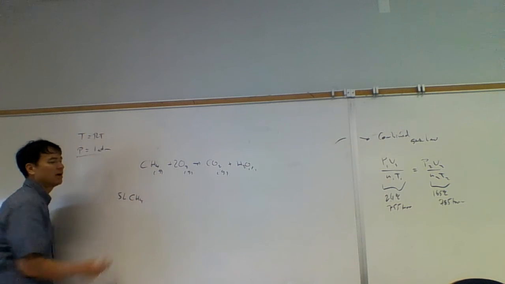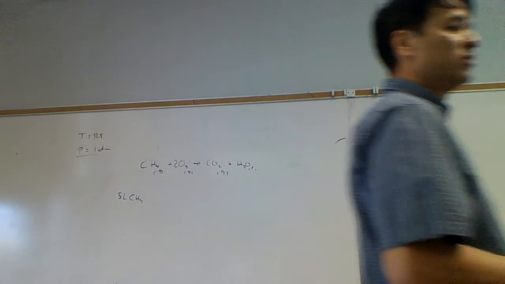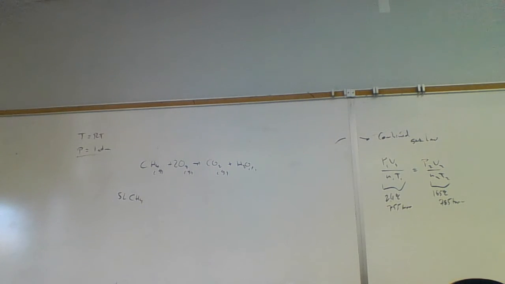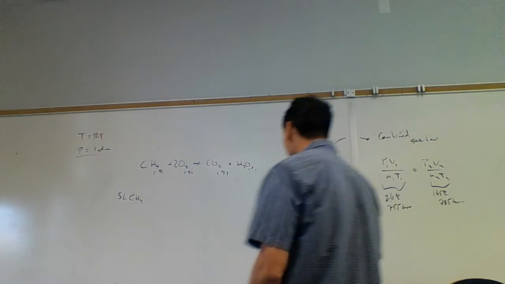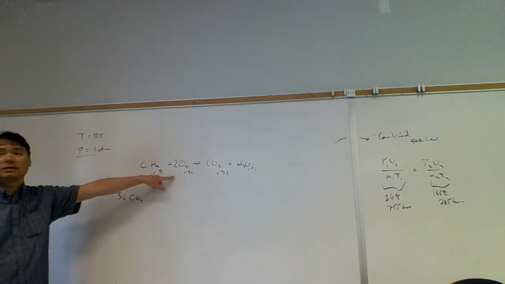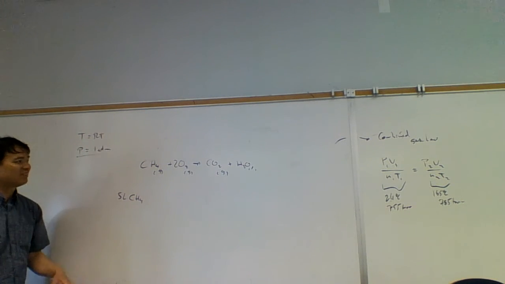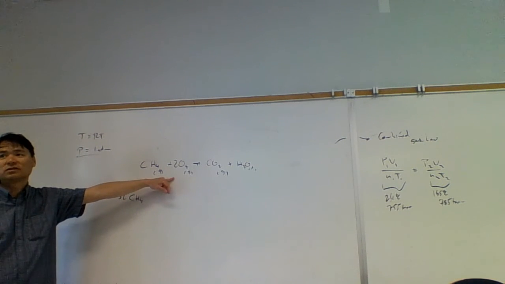How many liters of O2 do I need to completely combust it? Well, I could go through the full stoichiometry, right? But I'm not. I'm just going to go through Avogadro's, because here, if I have 5 liters of methane, I need twice as much O2. If they're all at the same temperature and pressure, then I'm going to need 10 liters of O2.